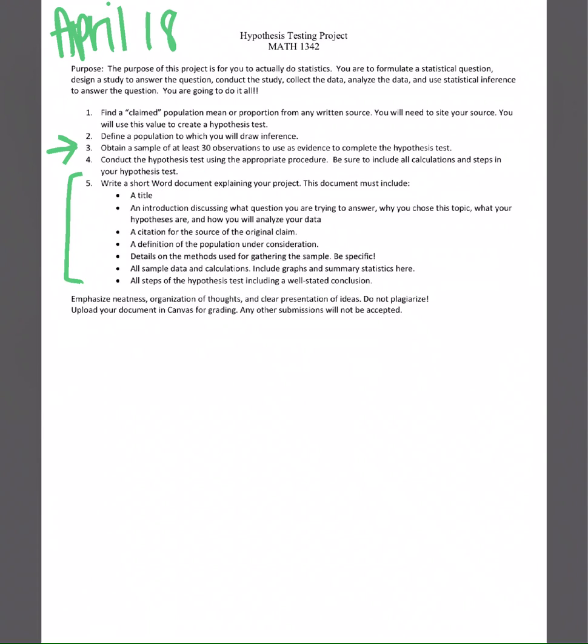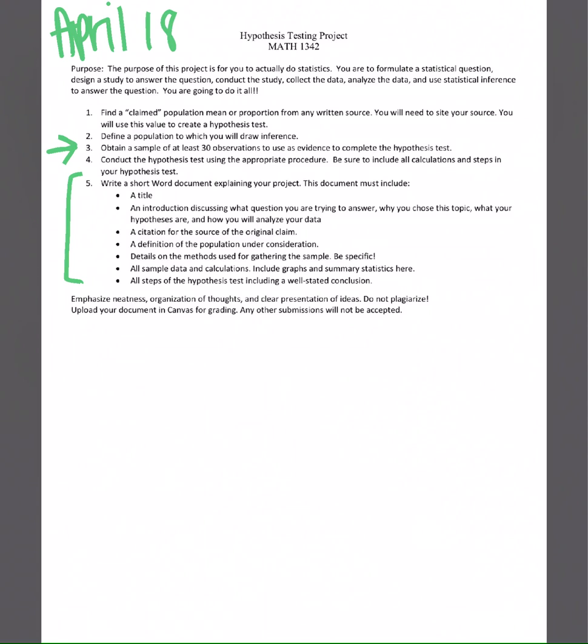You need to include your title, an introduction, explaining your question and what you're trying to answer, why you chose this topic, what your hypotheses are, and how you'll analyze the data. Cite the source where you got the original claim. So where did you find that 5% of people wash their hands, or whatever it is, that stat that you're trying to disprove, basically. A definition of the population, details on the methods used for gathering the sample, be specific.